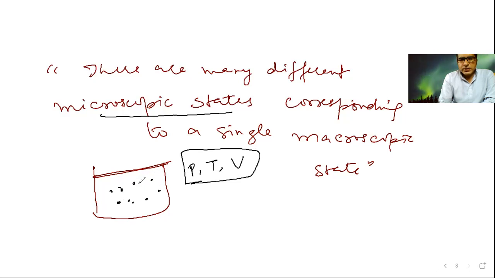Microscopic states are changing, but the macroscopic state specified by P, T, V is not changing. That means all the microscopic states, comprised by different positions and velocities of all the molecules of the gas, belong to this single macroscopic state, right?